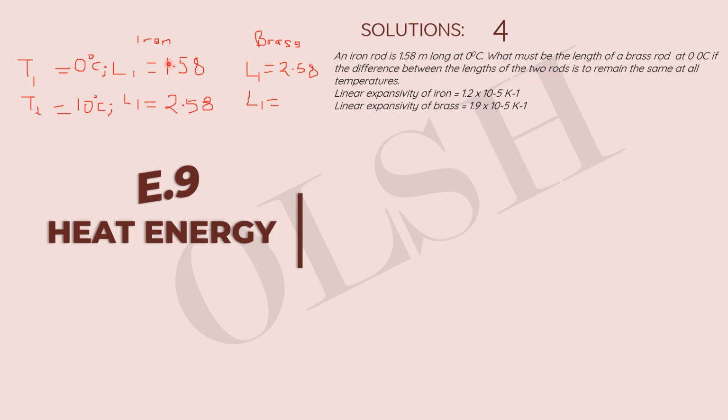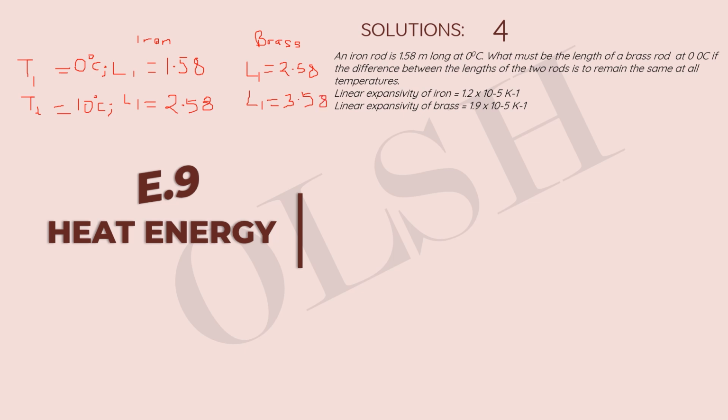That means the difference between 2.58 and 1.58, which is 1, will be the same difference that iron and brass will have. So at this second temperature T2, that difference will be maintained, and the length for brass automatically will be 3.58.